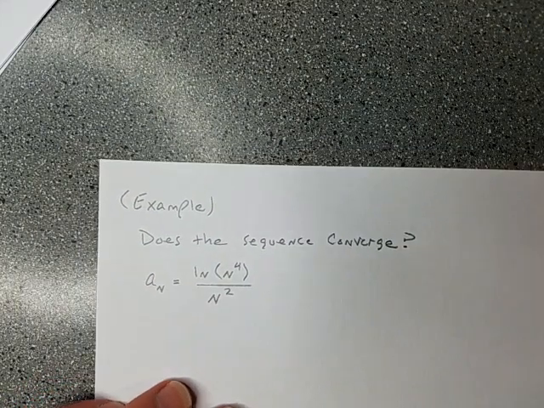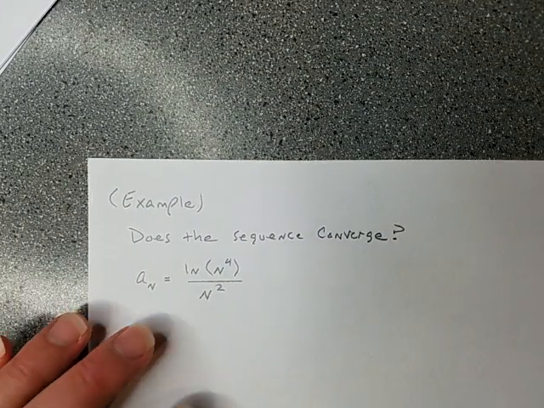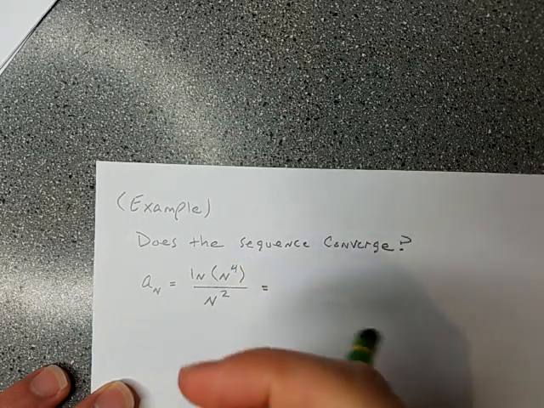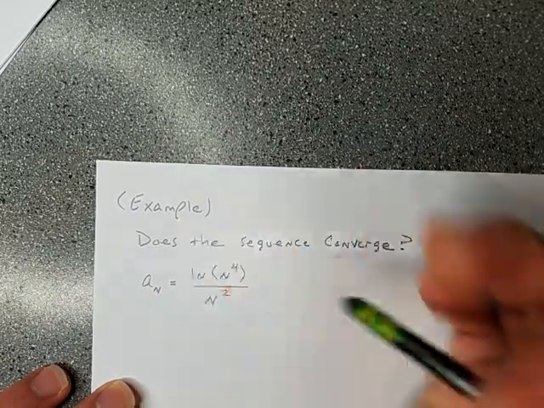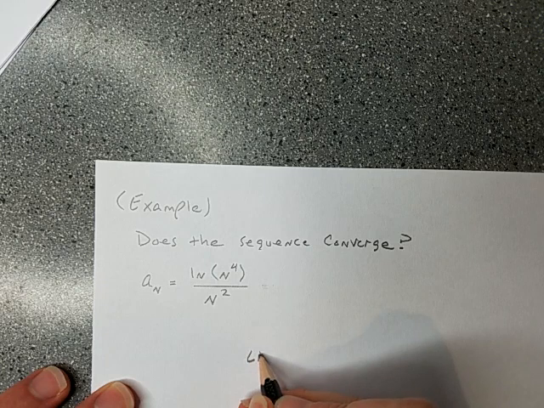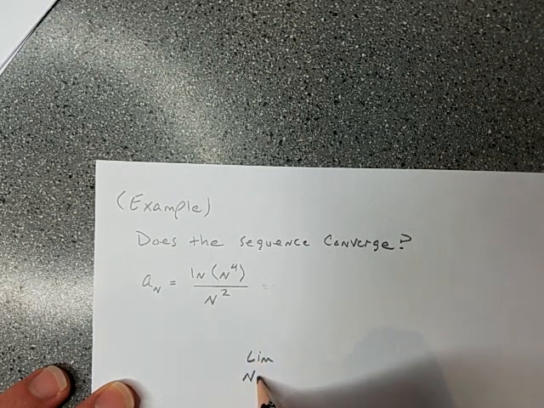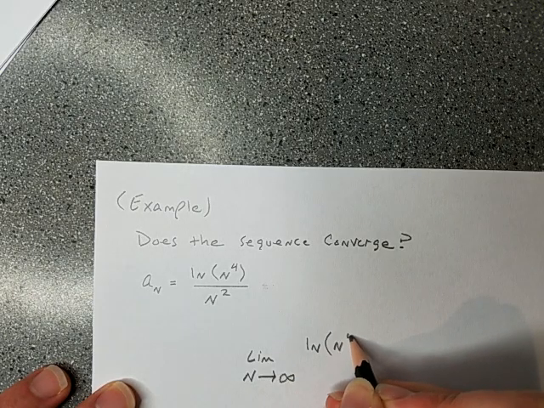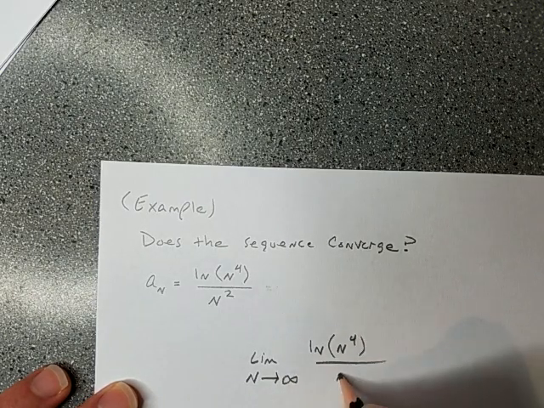What about this one? Does this one converge? Well, let's do it like this. I'll set it up this way. If I can find this limit, then I'll know if it converges or not.